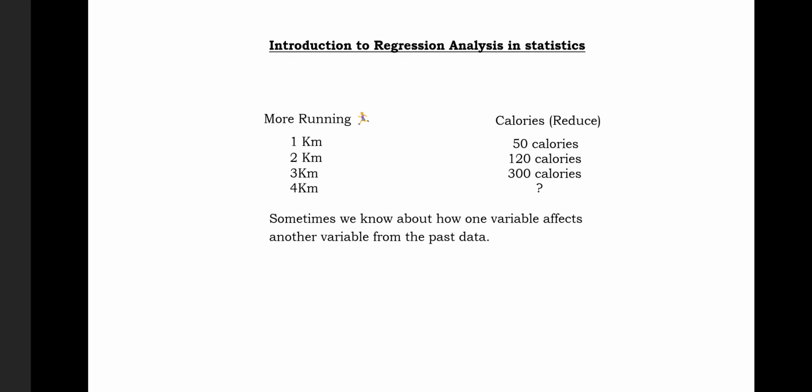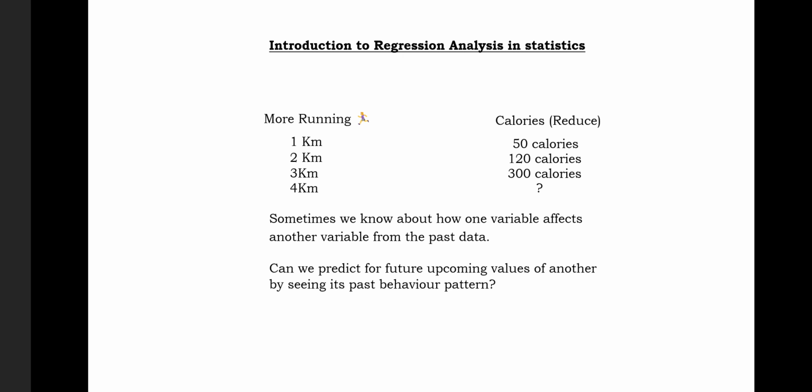We have data for the past 1 kilometer, 2 kilometers and 3 kilometers, and we know how it was affecting the calories. Can we predict future values of one variable by seeing its past behavior pattern? Can we really predict how many calories we will reduce if we run 4 kilometers? Yes, of course we can.